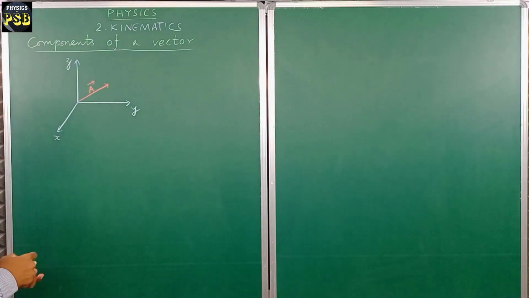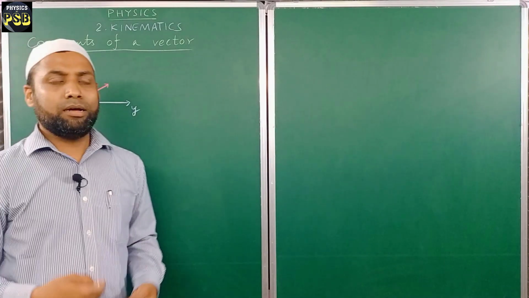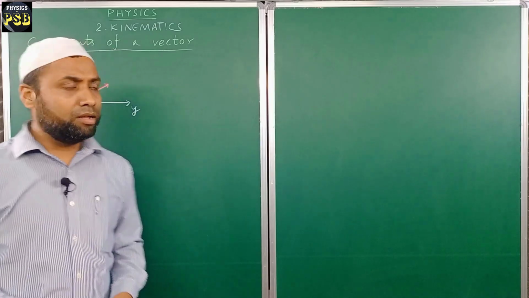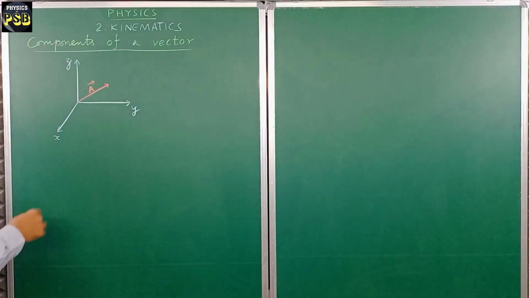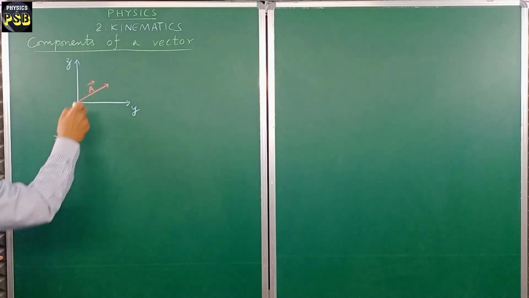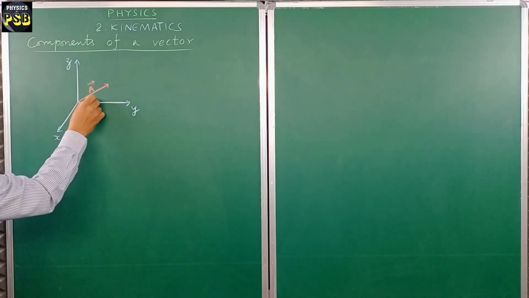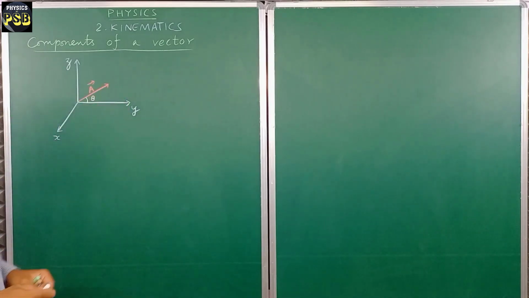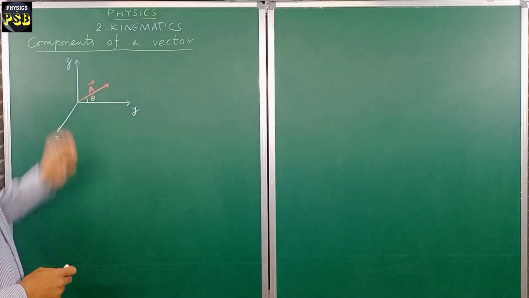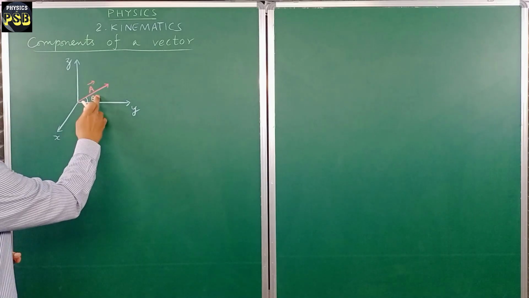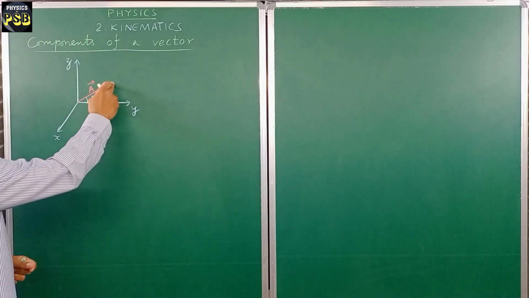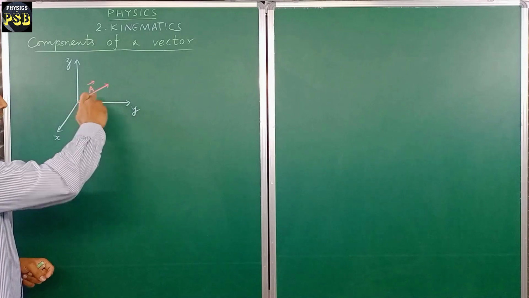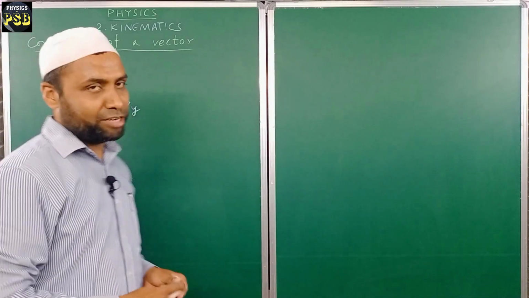And the next property that a vector possesses is the direction. Here the direction of this vector is represented by the angle which it subtends with these axes. Here theta is the angle made by vector A with the y-axis. It gives us its direction.